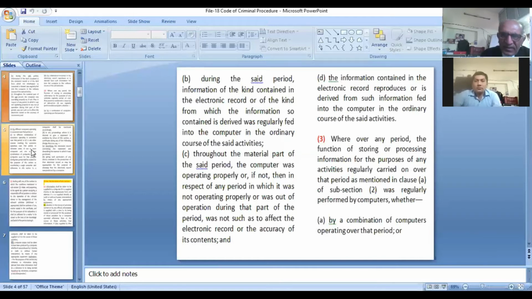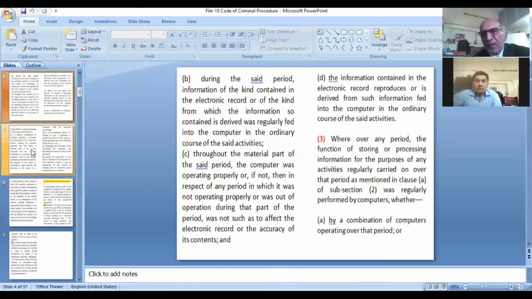When the accuracy of the contents is not influenced or affected, then the output of such computer as well is admissible under section 65B.